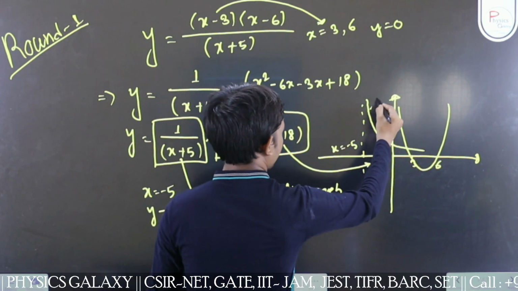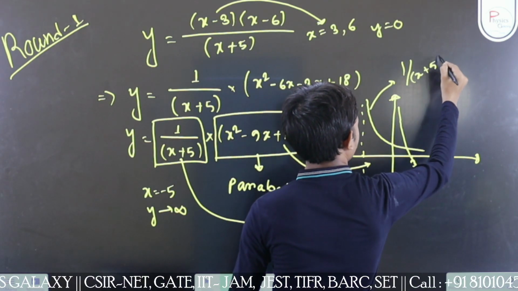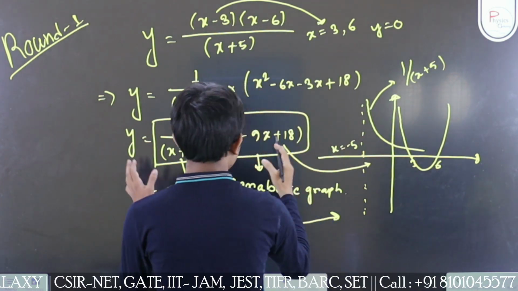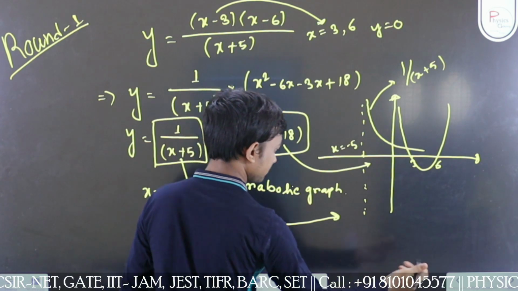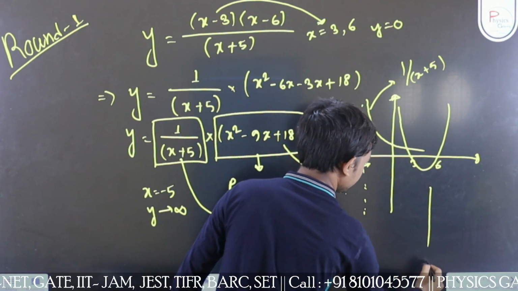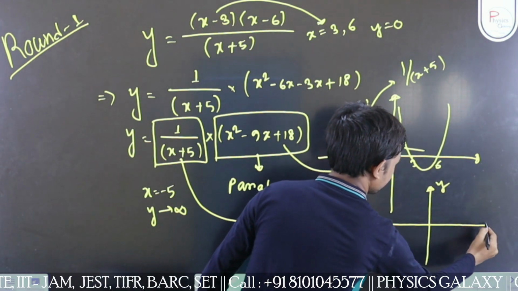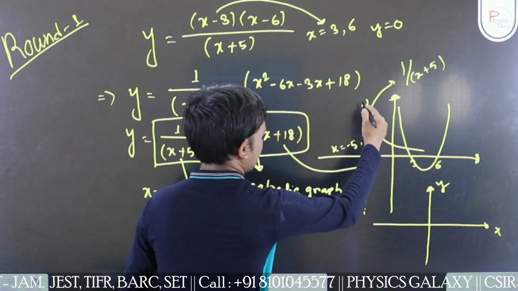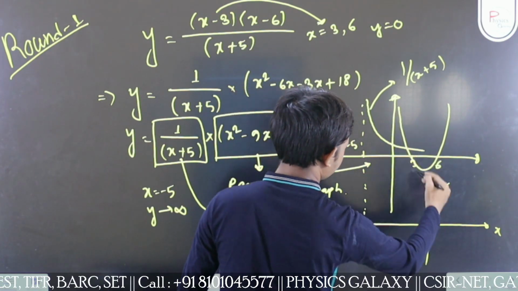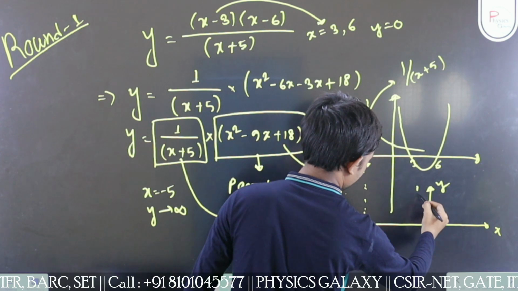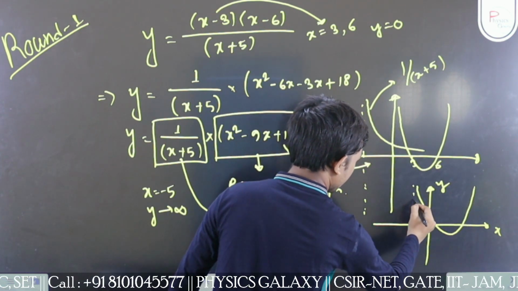It is for 1 by x plus 5, and the combined graph will look like this.